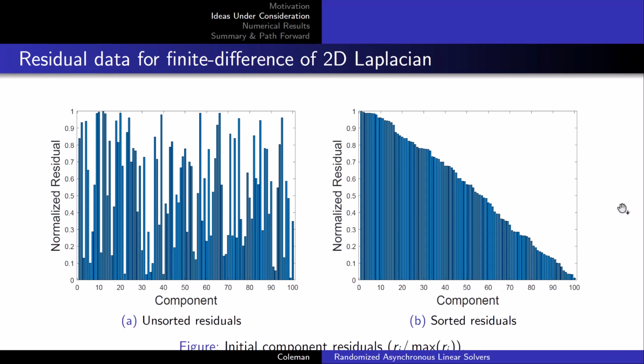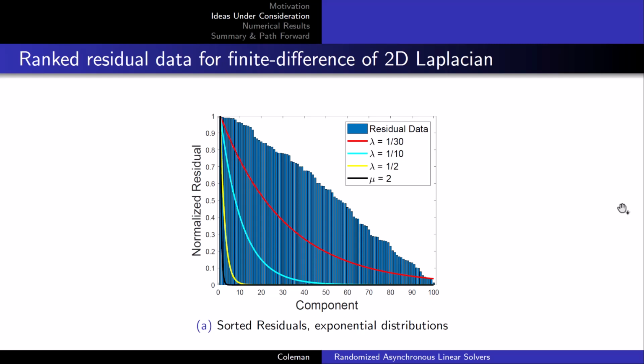So when we look at this slope, what comes to mind is fitting a continuous probability distribution to it. Historically, this work has either taken a uniform distribution or a discrete distribution defined by something you know beforehand. Here, we're taking the residuals, sorting them, and then fitting a distribution to them.